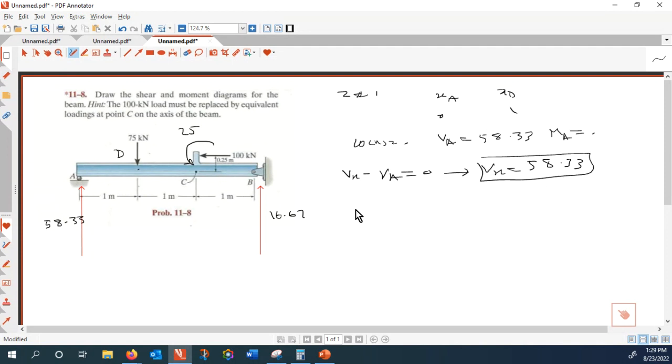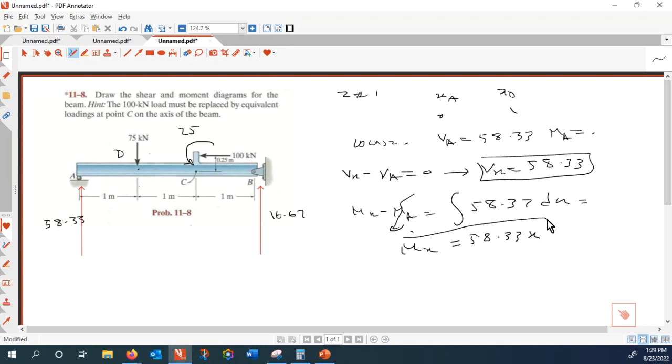All right. And then M of x minus M of A is the integral of 58.33 dx, which is equal to 58.33x. And this is 0. So that therefore is equal to M of x. And how do I find M of D?